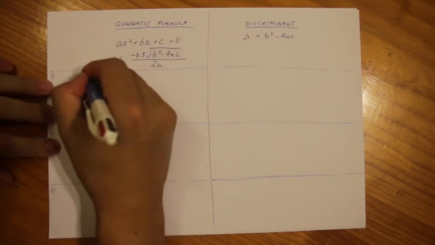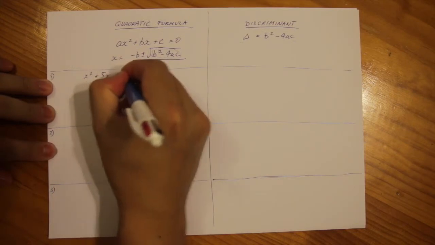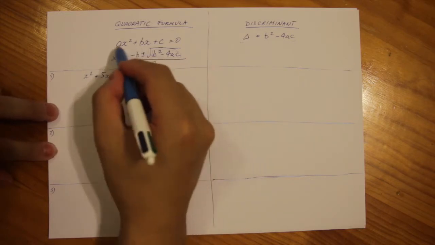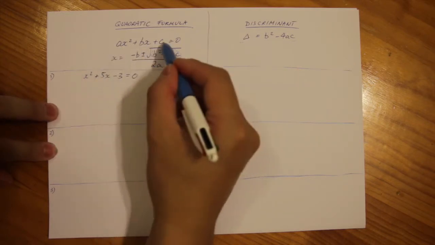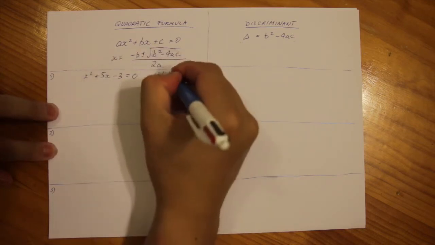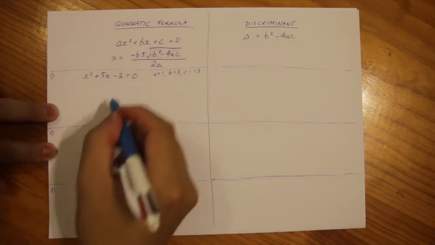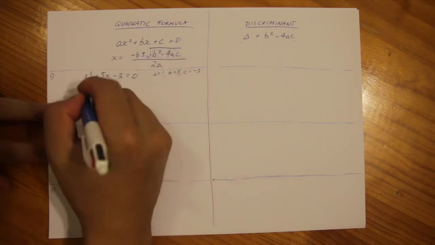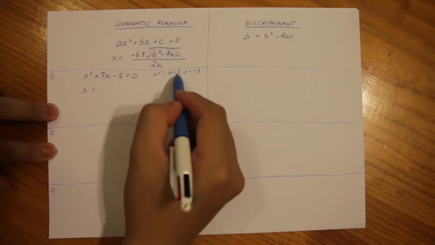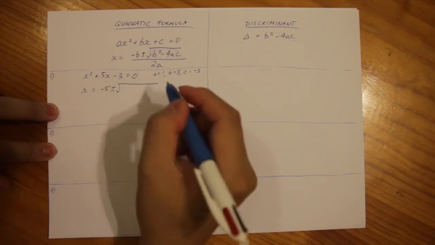First one is going to be x squared plus 5x minus 3, and we'll equal that to 0. So if we refer to the formation above, a is 1, b is 5, and c is negative 3. Let's substitute it into this formula where x will equal negative b, so negative 5, plus or minus the square root.